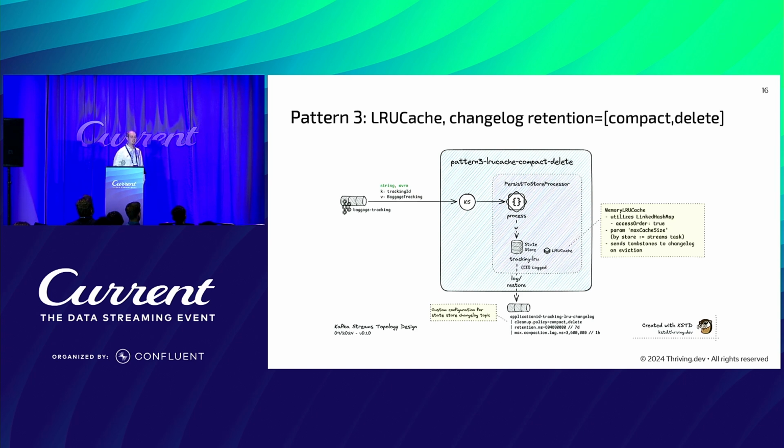A changelog topic by default is compacted, so you will always only keep the latest record of your state, but you can also, in addition, set the retention not only to compact but also to delete based on time. So in this example, just as a fallback, since you should choose this cache size large enough, you can also set, in addition, that after 7 days of a record written to the changelog, it should also just be purged by the Kafka brokers.